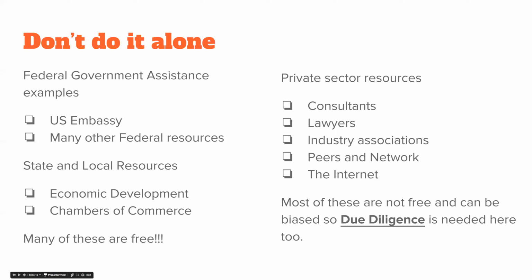One wants to invest the time necessary to meet with resources such as those that are available at the U.S. Embassy and others perhaps that are available from the federal government. There are also state and local resources that are available, and what's interesting is that many of these are free. All they take is your time, whether face-to-face, over the phone, or just navigating through the websites. They contain invaluable data that can help strategize and create a strategic plan.